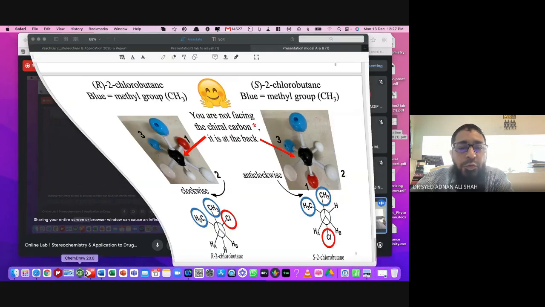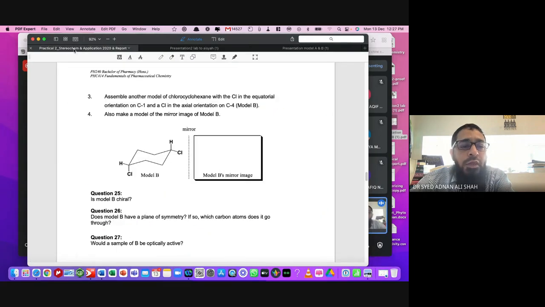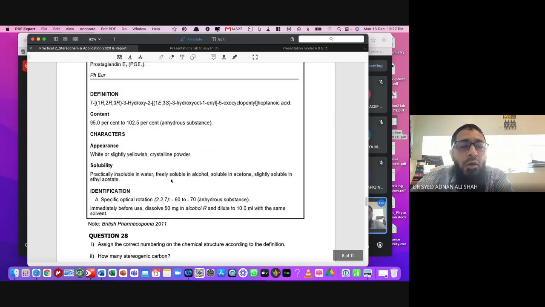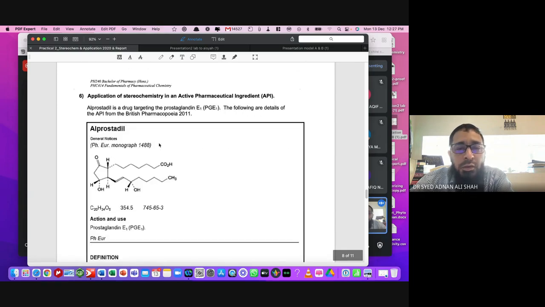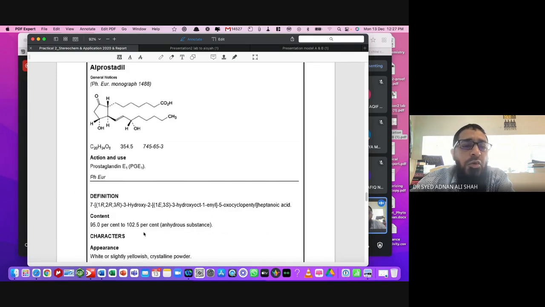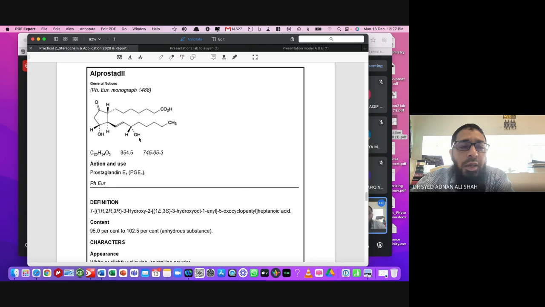I'm a bit confused with this example, only the numbering of this compound, because what I have seen in the literature started from here. But please check one more time the numbering of this compound, which is prostaglandin E. For the stereochemistry, it has three stereocenters, right?